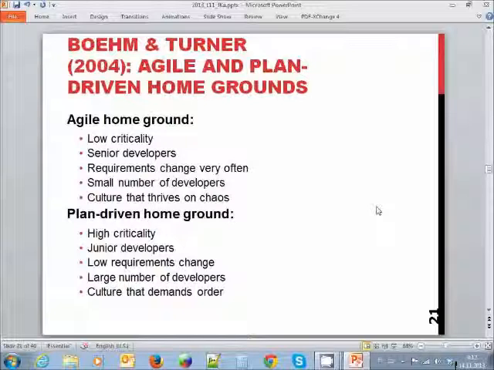With Agile, it's low criticality, senior developers, requirements that change very often, a small number of developers, and a culture that thrives on chaos.